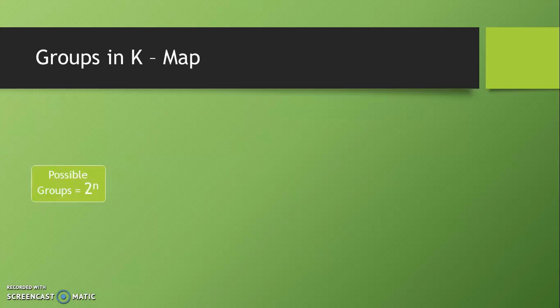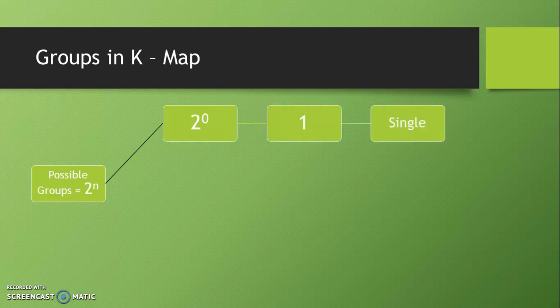The possible groups are 2 raised to power n, where n can be any number 0, 1, 2, 3. Only groups in this category are possible. If we take 2 raised to 0, it is 1 and it is known as a single, so a group of a single minterm is possible.